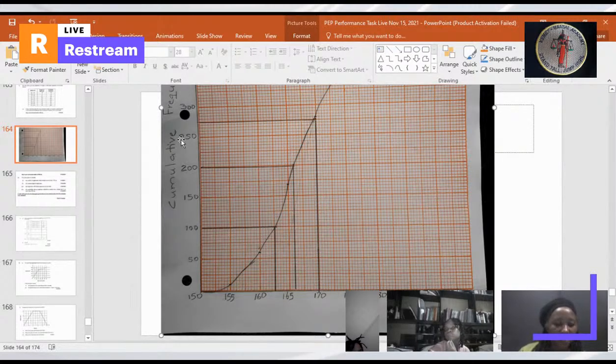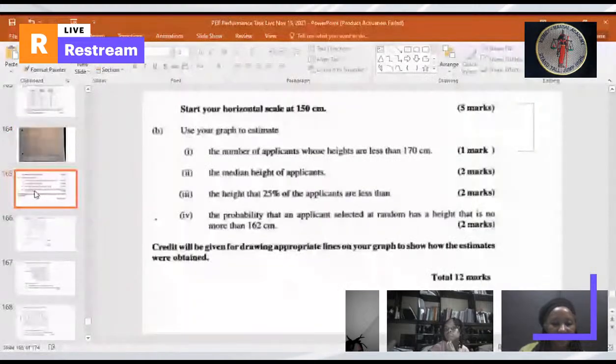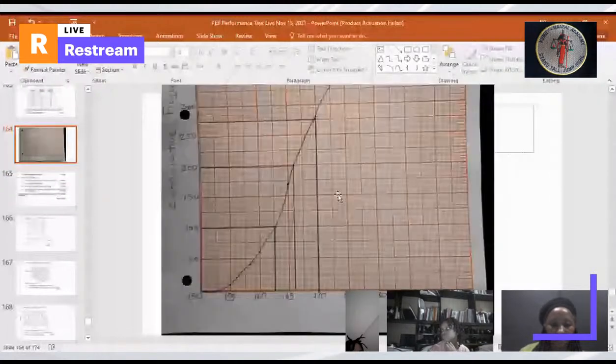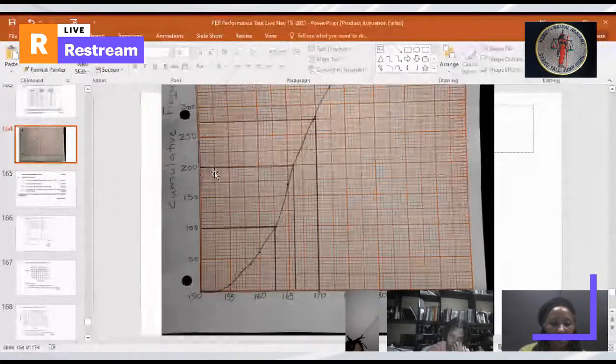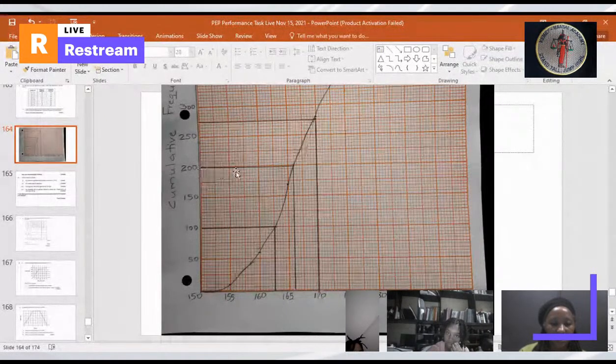The second part said the median height of the applicants. All right, so the median height. Since it was 400 applicants and half of that is 200, we go across and we go down.